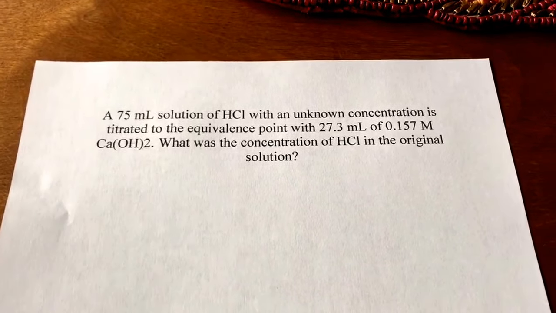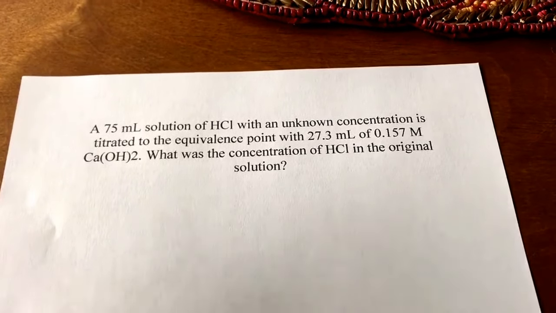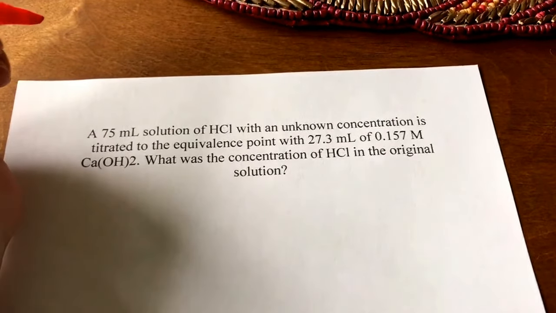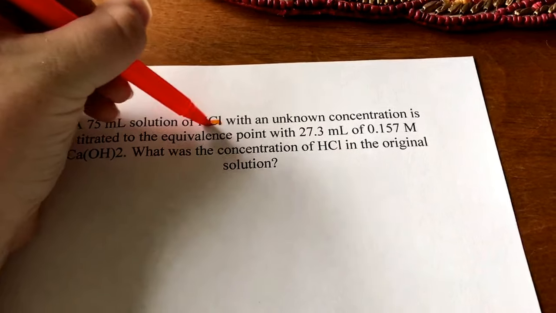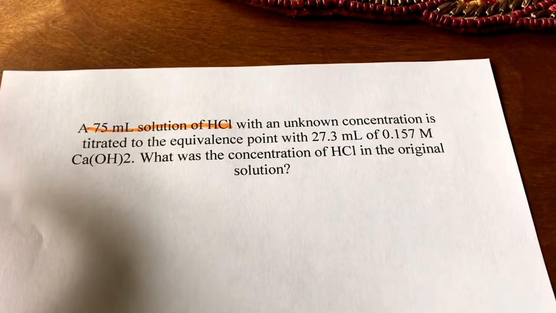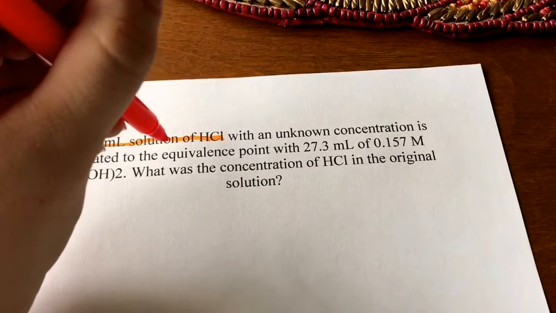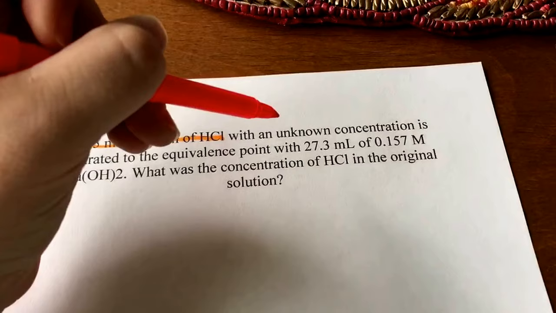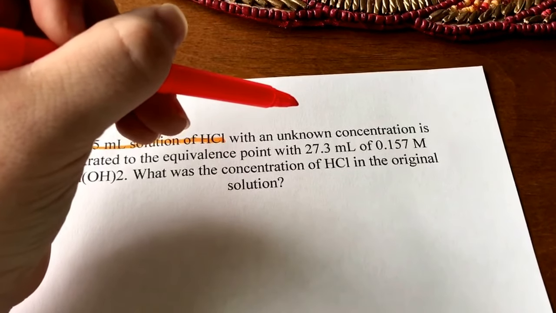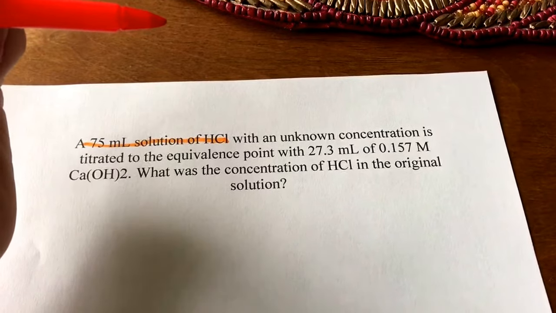Okay, so we're going to start by figuring out what the problem wants us to do. So we have a 75 milliliter solution of HCl, so we're going to highlight that, with an unknown concentration, that is titrated to the equivalence point with 27.3 milliliters of 0.157 molarity of CaOH2.